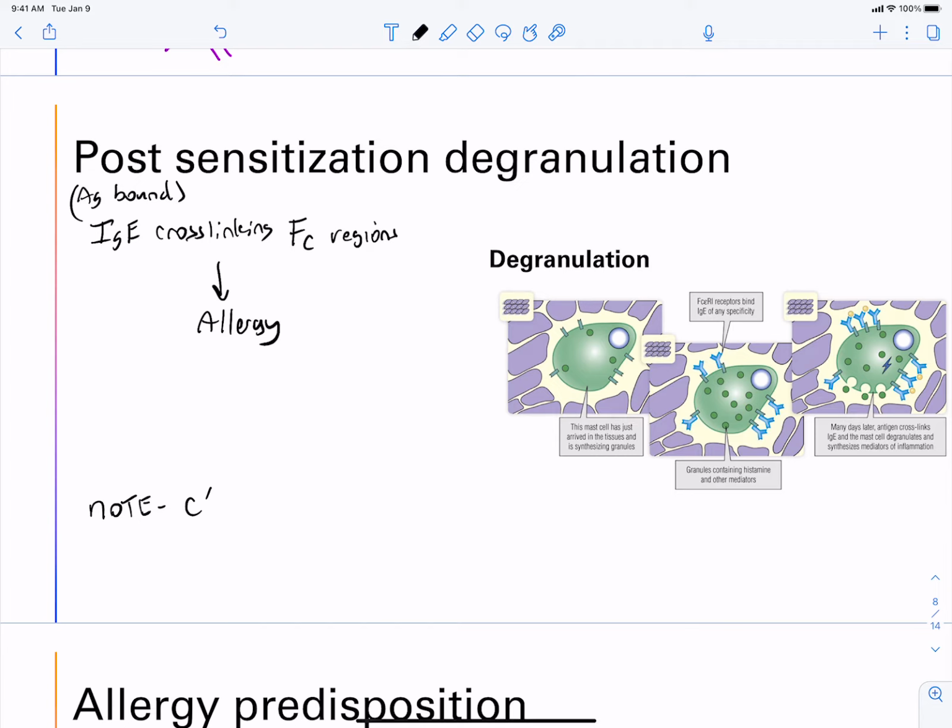Complement can activate mast cells. But remember, if complement is activated, it's specific in a tissue, so you're not going to get that systemic activation, so it's not going to lead to that anaphylactic type of reaction. It's going to be in the tissue in which it's being activated. And also, temperature changes can activate complement.